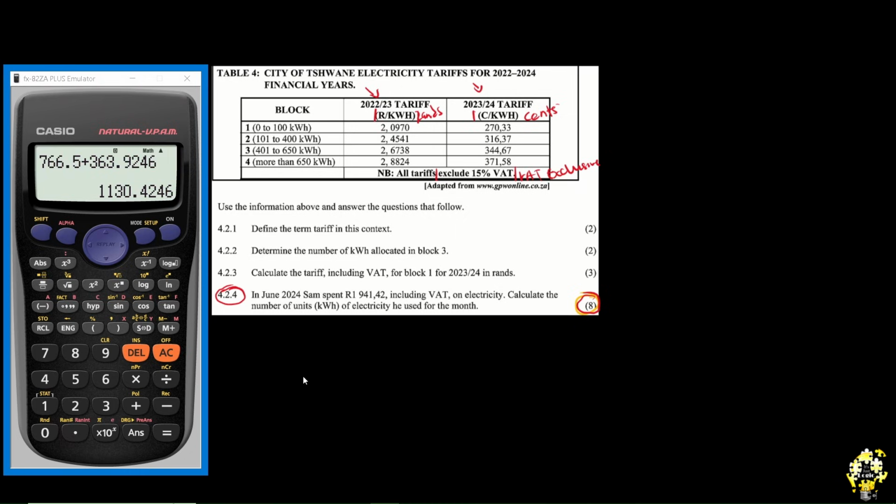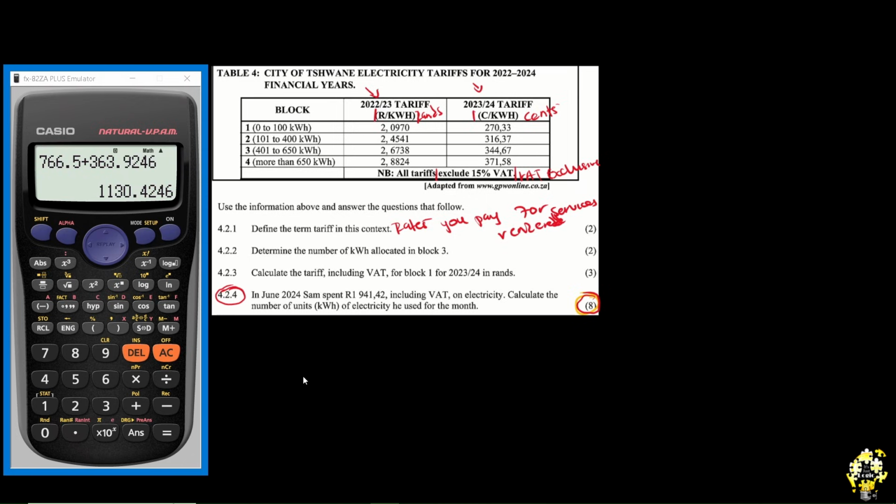Most importantly, tariffs are the rates at which your consumption of a particular service has to be paid for, or the rates that you pay for services rendered. So that can be telephone, that could be electricity, that could be water.